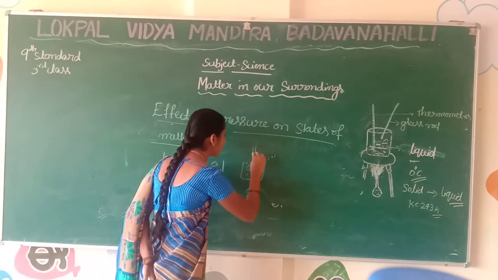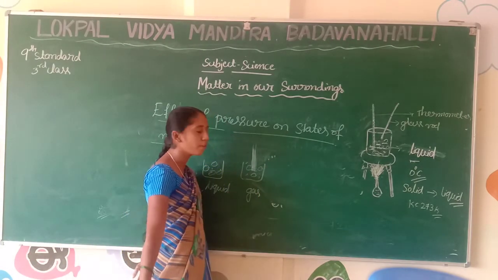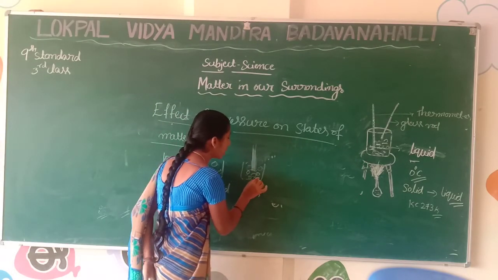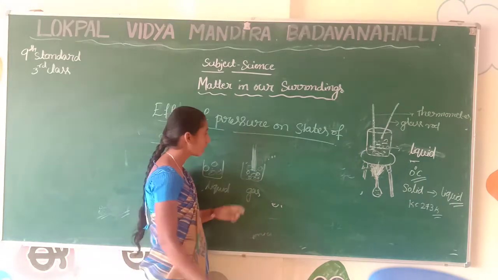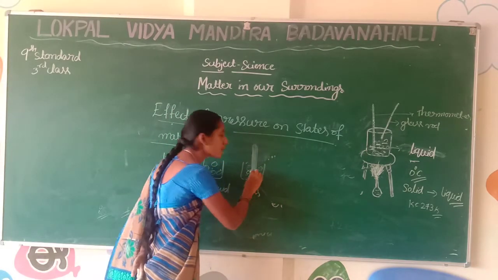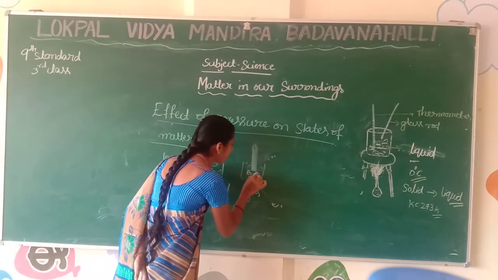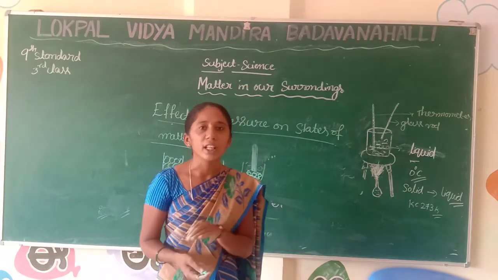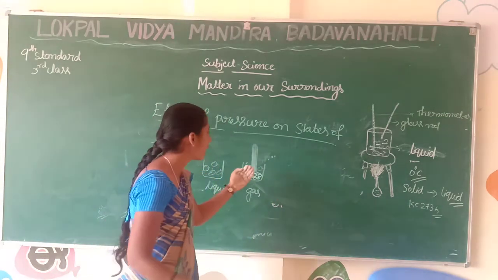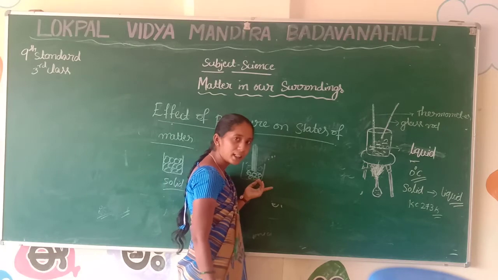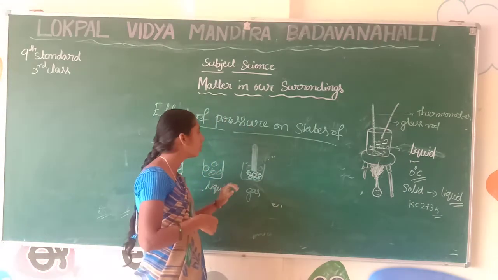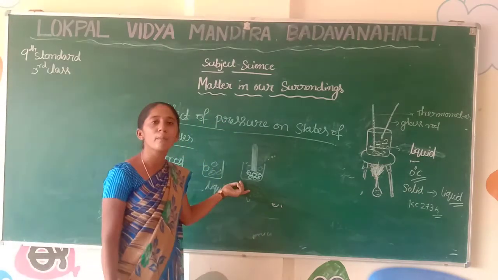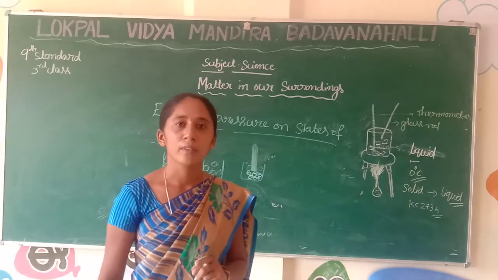When we apply force, the particles get near to each other and come in contact with each other. Here the gaseous form of the matter is transformed into the liquid form.